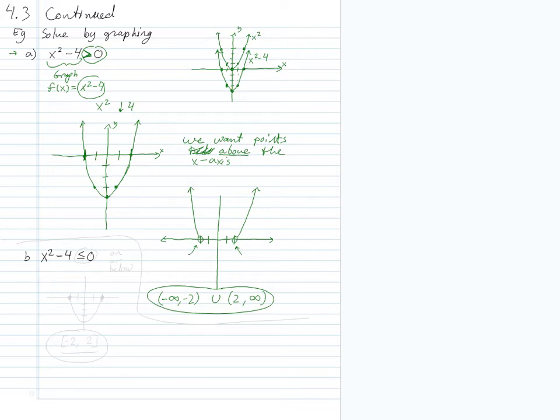Okay. Now if I flipped that inequality, if I said x squared minus 4 less than or equal to 0, well then I would want the other part of the graph. I would be interested in the x-intercepts specifically, because less than or equal to suggests on or below.